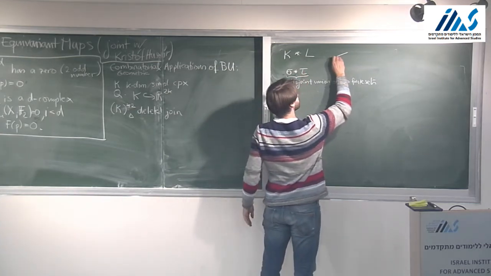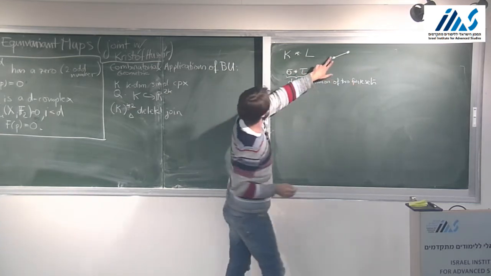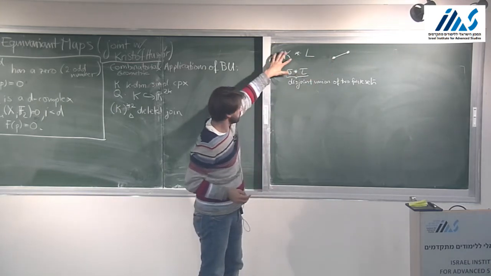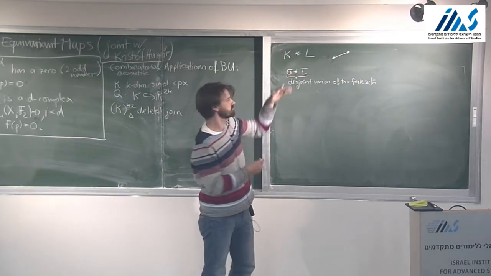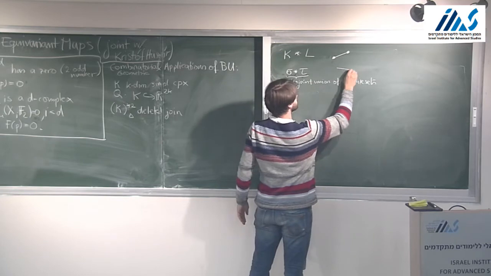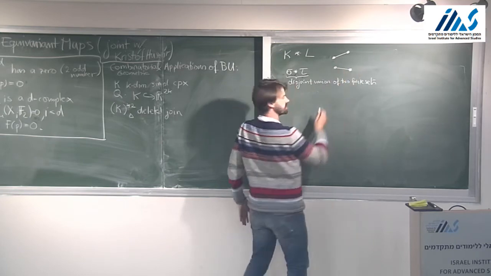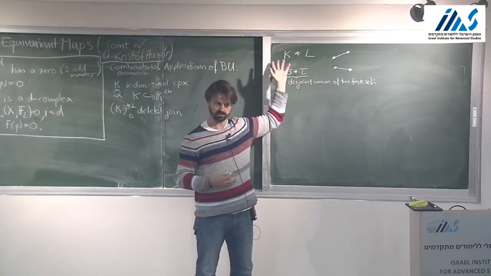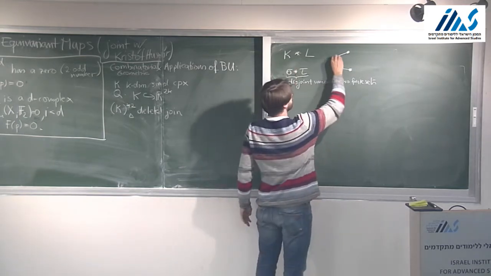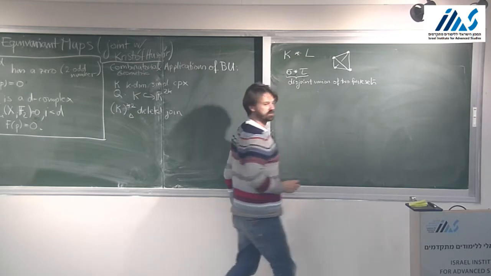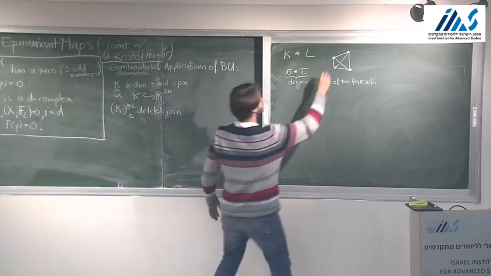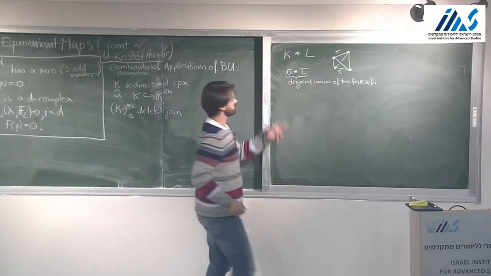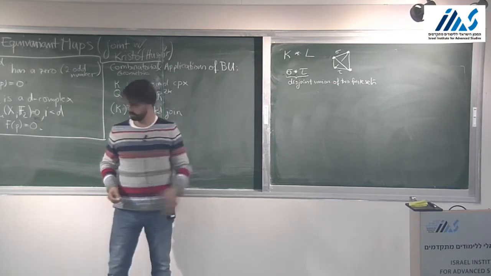Or geometrically, you can imagine that each of the simplices here lives in some affine subspace, and each of the simplices in the other complex lives in a skew affine subspace. If you go to high enough dimensions, you can always realize this. And then you can take the geometric join, and you just do this for all possible pairs.